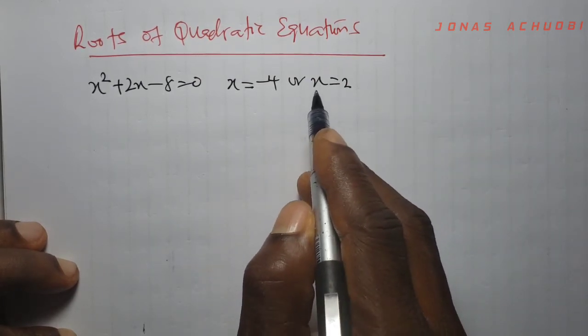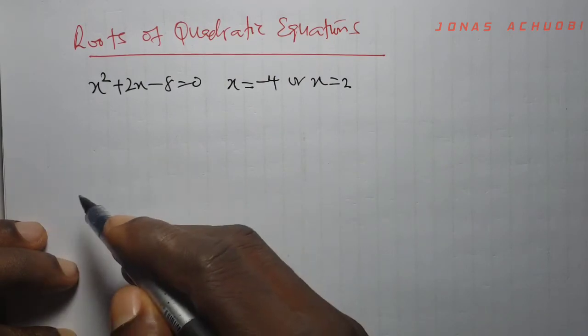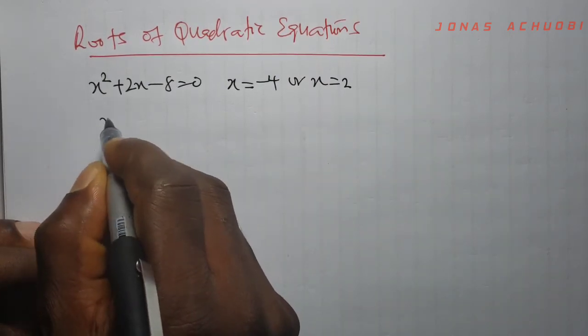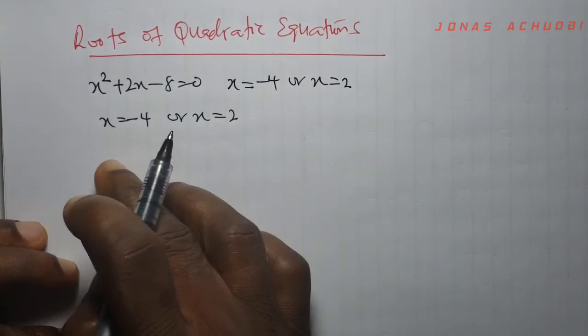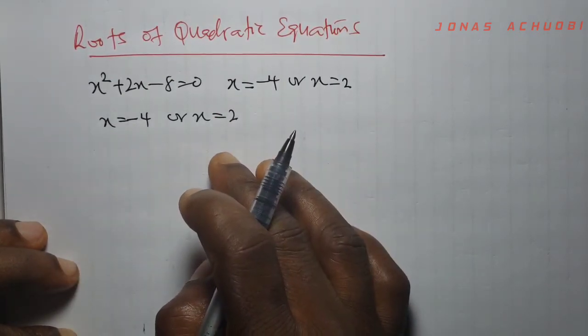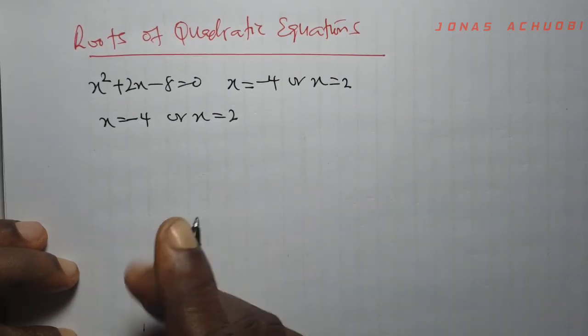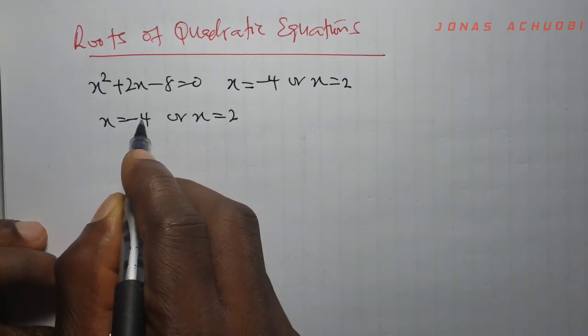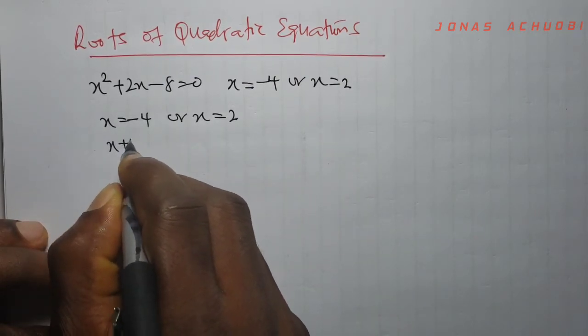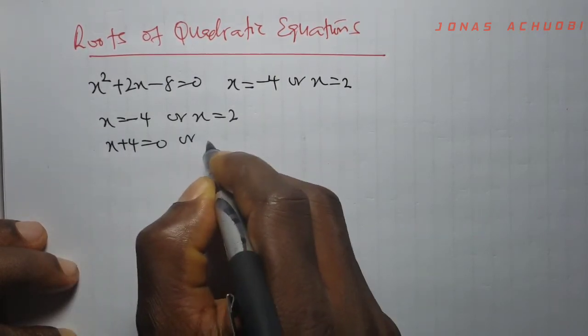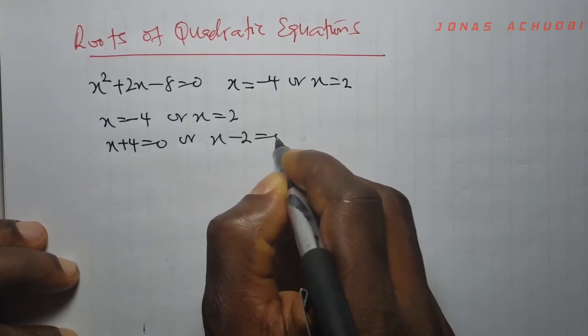So all we need to do is to work backwards like we did before. Here we have x equal to minus 4 or x equal to 2. These are the roots given to you of some equation which we do not know. So we rearrange. We now take minus 4 to the left and take 2 to the left, and we have x plus 4 equal to 0 or x minus 2 equal to 0.